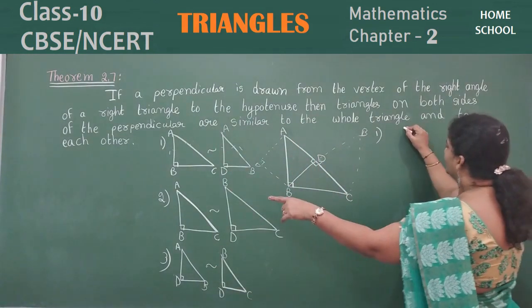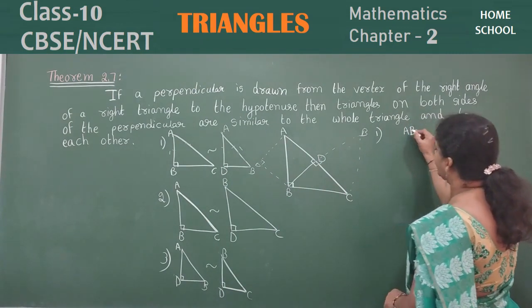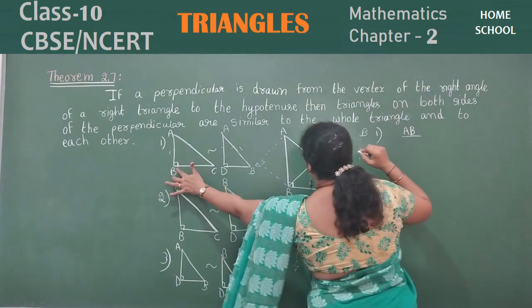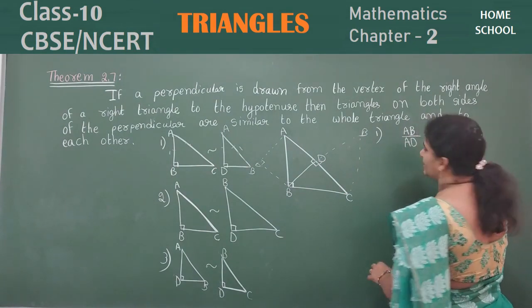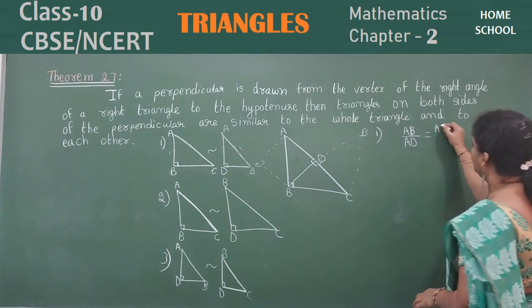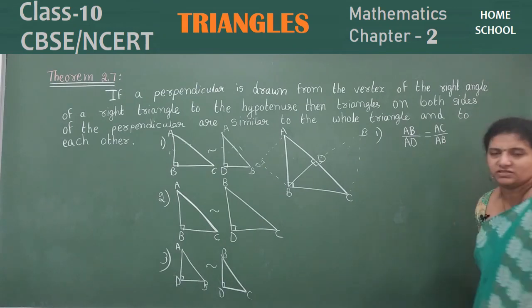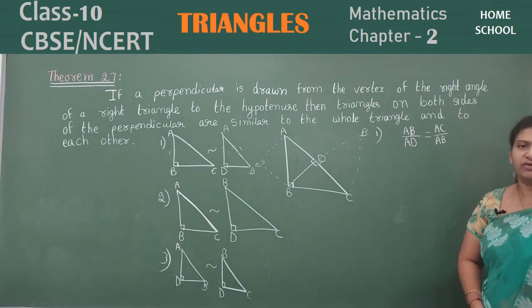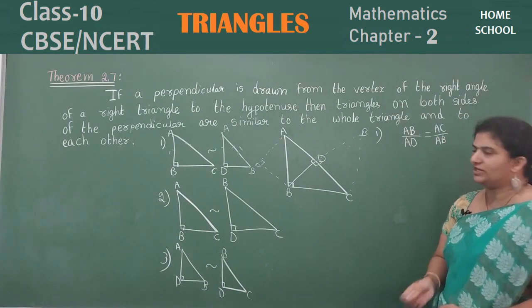Right here, children, if the two triangles are similar, the ratios are in proportion. That is AB by AD is equal to AC by AB. So observe here, we need to get one equation that you have a chance of being asked in your examination.